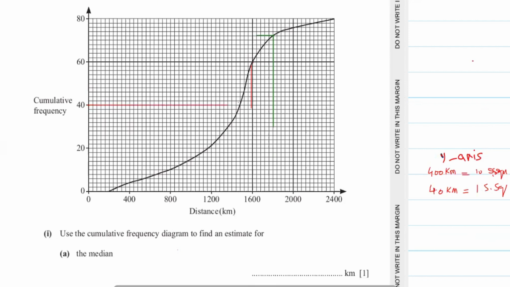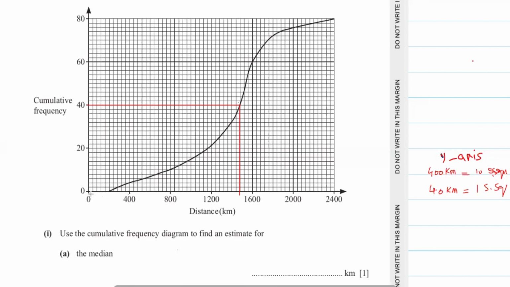We draw the horizontal line from this point 40, and then we draw the vertical line, and this vertical line intersects the x-axis at which the distance of the motorist is given. Look here, the value of the distance here is, firstly we see the scale.